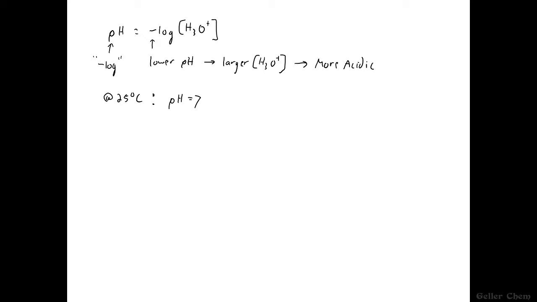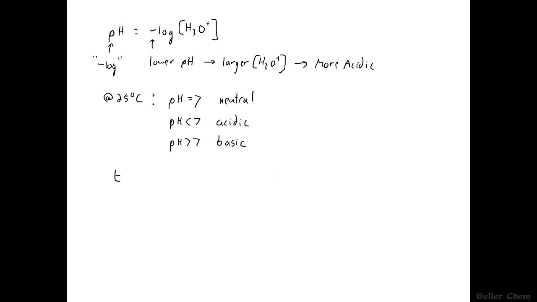So at pH equals 7, we have neutral. And so if our pH is less than 7, that means our pH is going down and our H3O+ is going up, so we would no longer be neutral, we would be acidic. And the lower it is, the more acidic the solution. And in turn, if the pH is above 7, then we're basic.